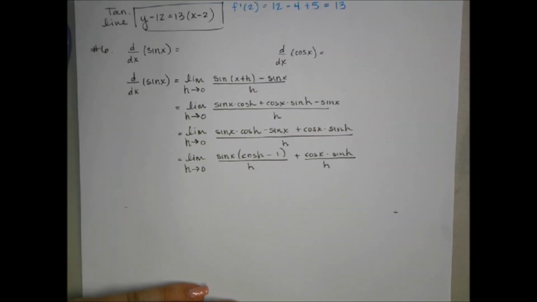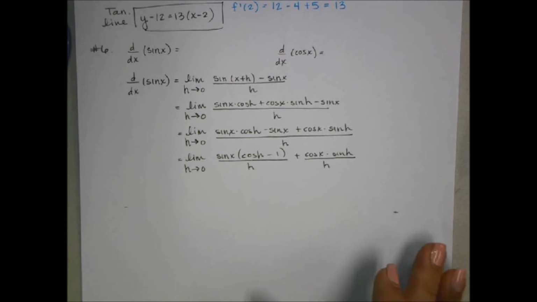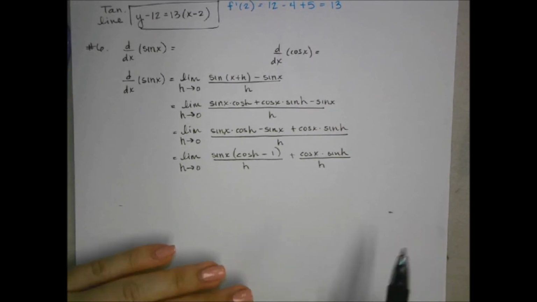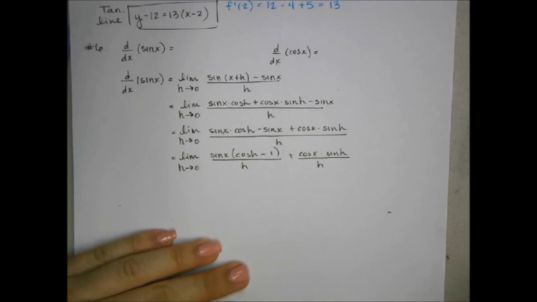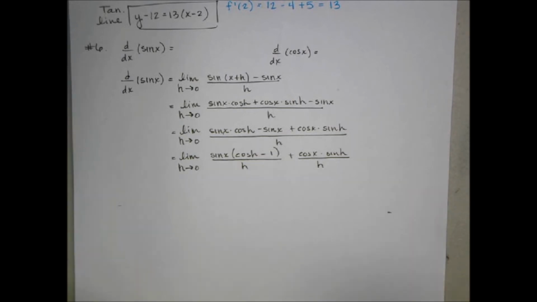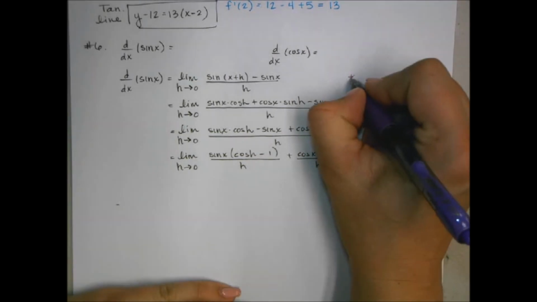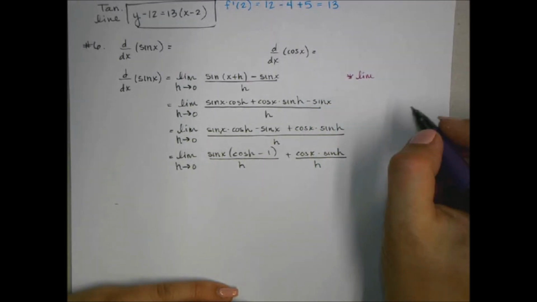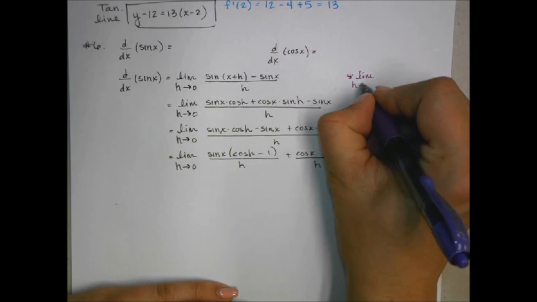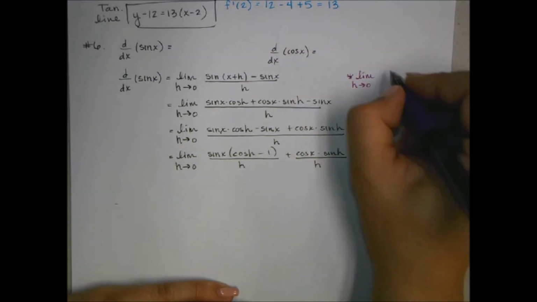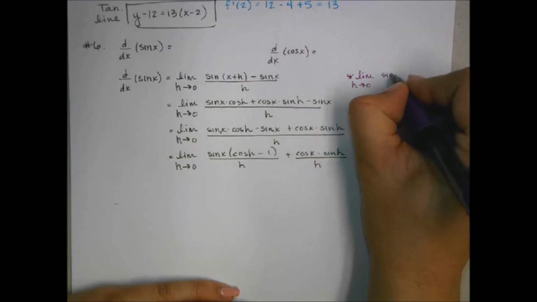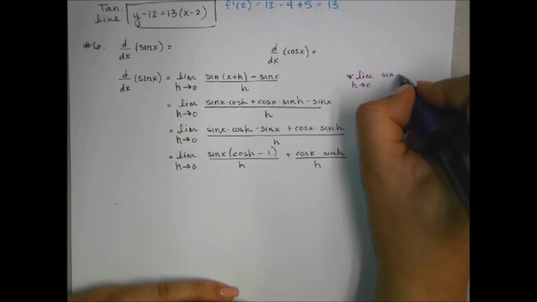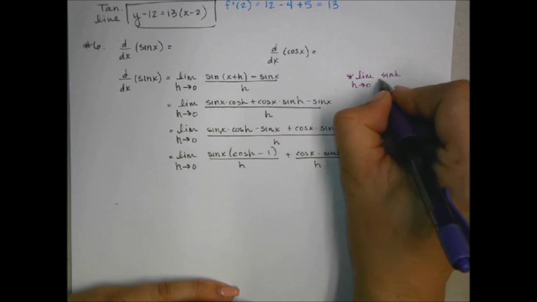So the next thing we're going to need here are our special trig limits that we've covered. You'll remember that the limit as h approaches 0 of sine h over h, rather than x's, we'll have h's.